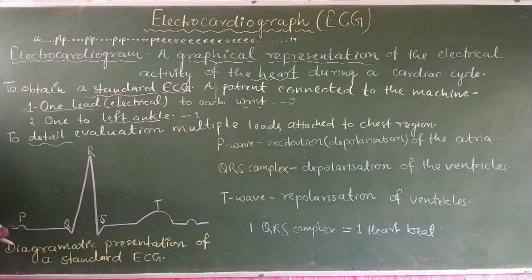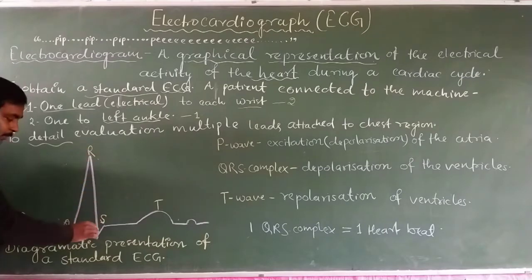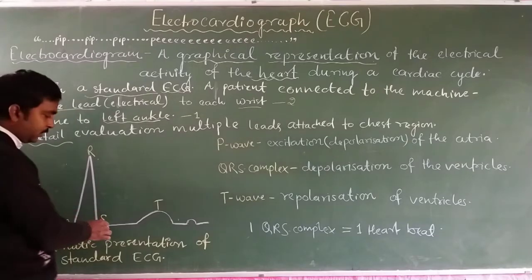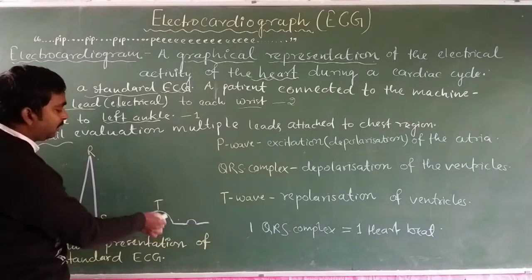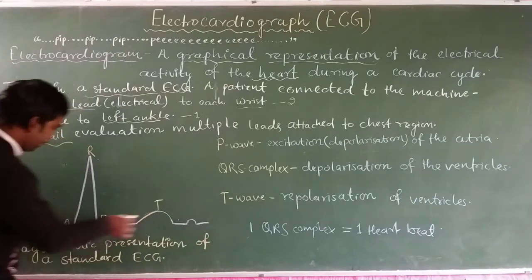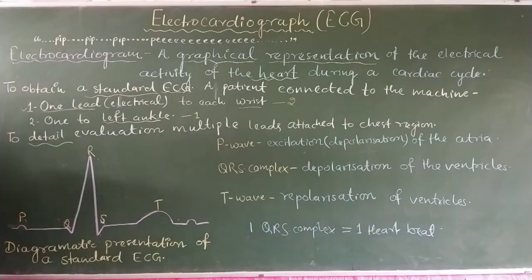In the diagram we can easily observe first a small wave represented by P, then a small downward wave represented by Q, then a large wave going up, then coming down to create a small wave, S, then again a smaller wave represented by T. So this complete diagram contains a total of 5 peaks.